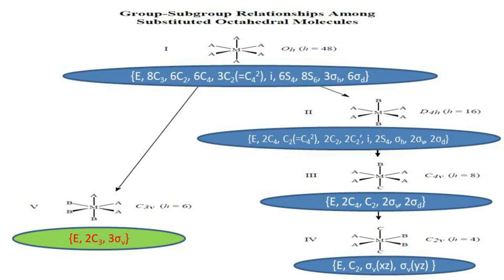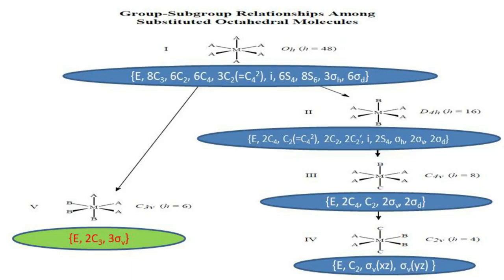From structure number 4, if I go to structure number 3, in addition to the operations possible in structure number 4, one more class is added. That's the C4 operation class. From structure number 3 to structure number 2, there is addition of a subsidiary C2 axis, center of inversion, improper axis of rotation, and horizontal plane.